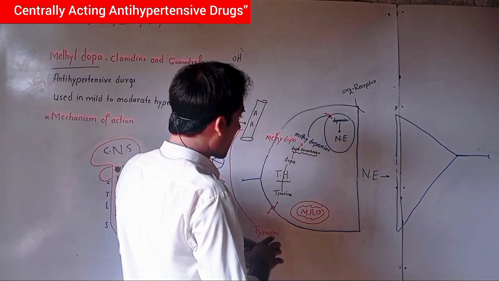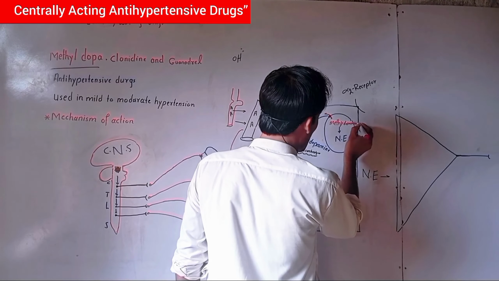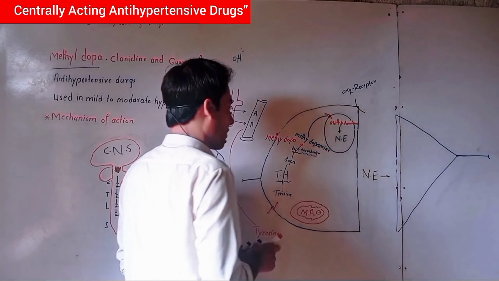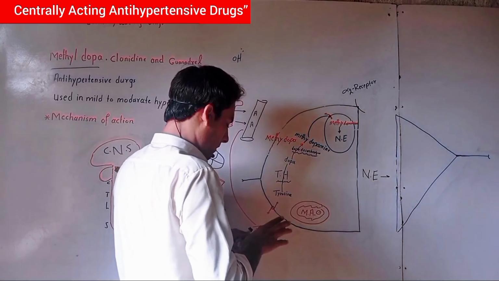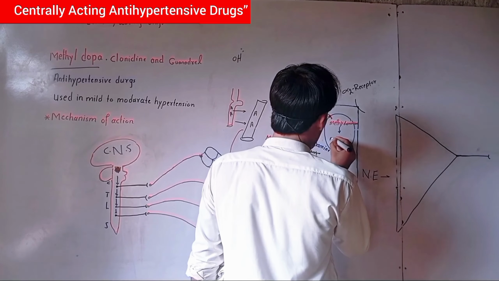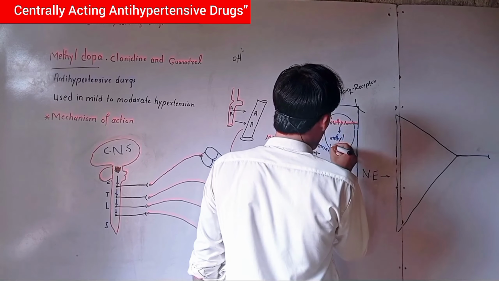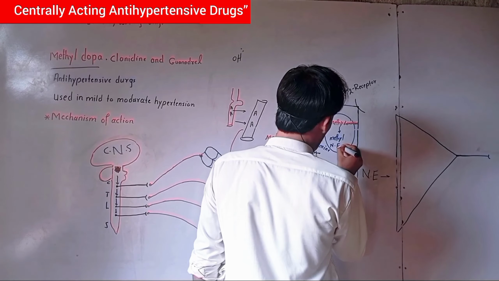Now another enzyme, which converts dopamine into norepinephrine, takes methyl dopamine and converts it into methyl norepinephrine.